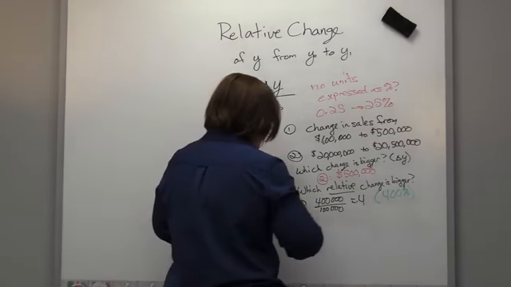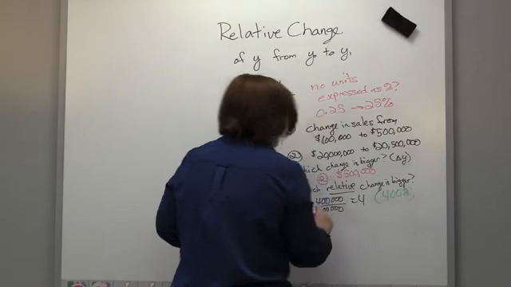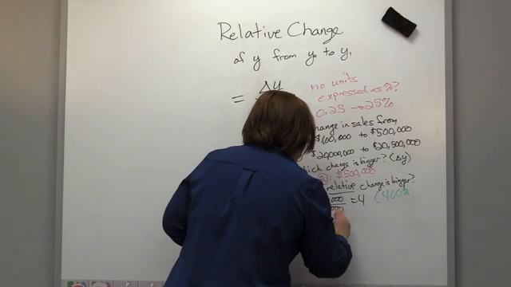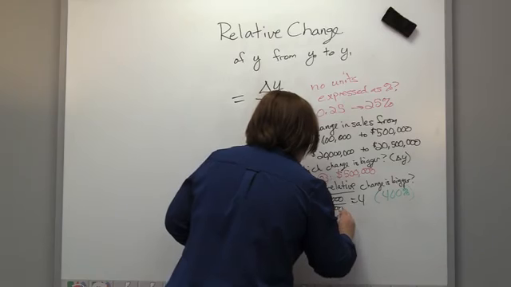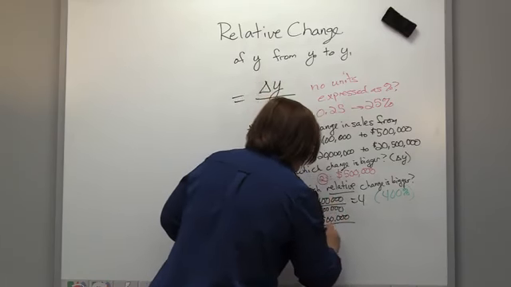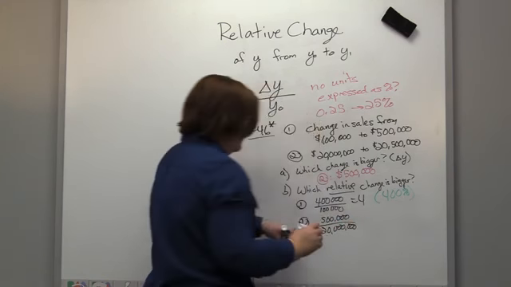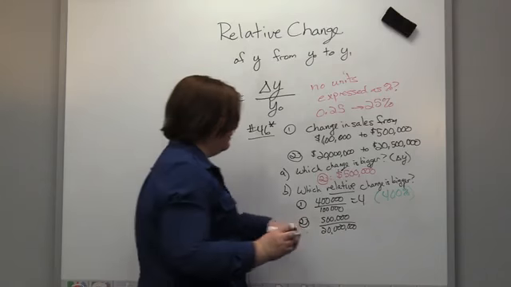If you look at situation 2, our change was 500,000, but our baseline was 20 million. Change out of 20 million.